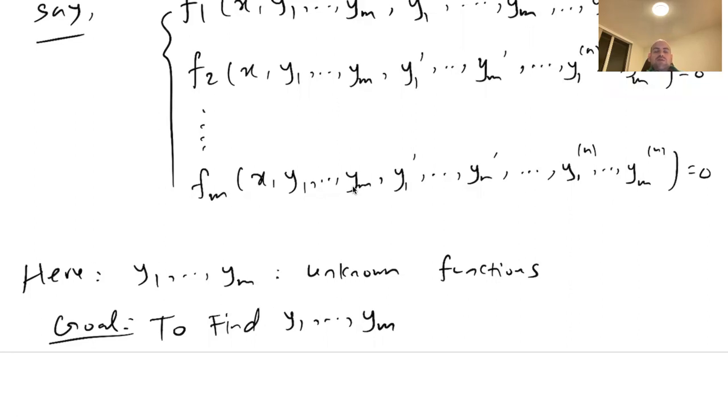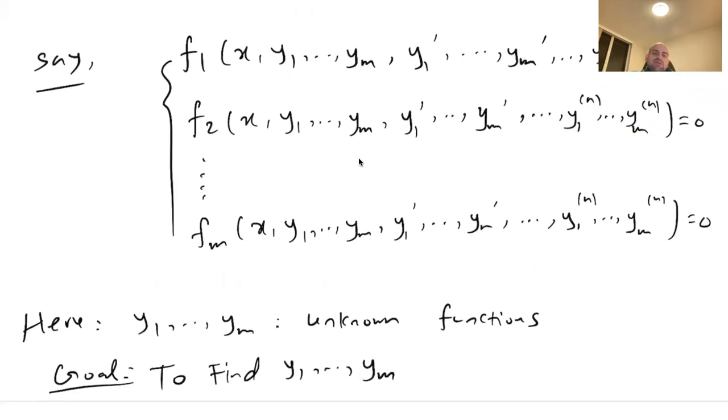Okay, so if I want to summarize, we still have a situation similar to before, but instead of having one unknown function Y and one differential equation, here we have m differential equations with m unknown functions. And in each of these differential equations, we have a relation between these unknown functions Y1 to Ym with their derivatives and the relation with X as well.